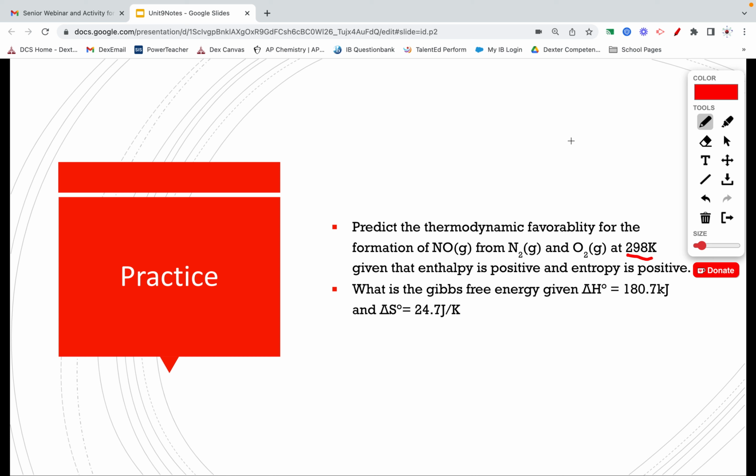I would say it's kind of medium to low. Enthalpy is positive, so we have a high enthalpy. That means it's endothermic. But our entropy is also positive. That means we're getting more disordered.